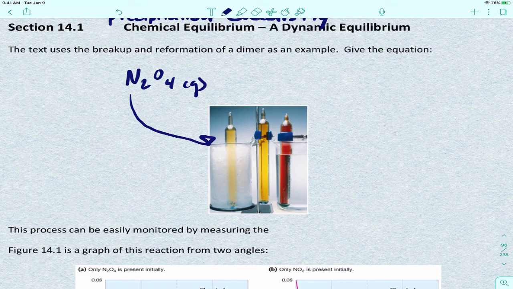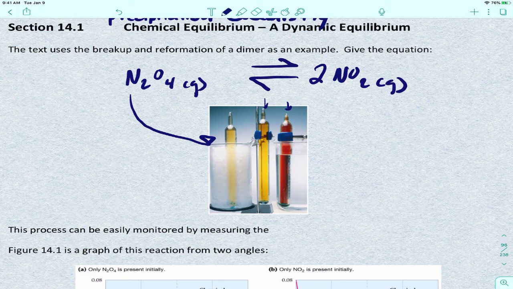Eventually, if you take that glass tube out, like in the second test tube, the color inside this vessel is changing, becoming darker and darker, and eventually it looks like this red one right here. That dark red one is our product, which is 2 moles of NO2 gas. So this is our reaction, and this is an equilibrium reaction.